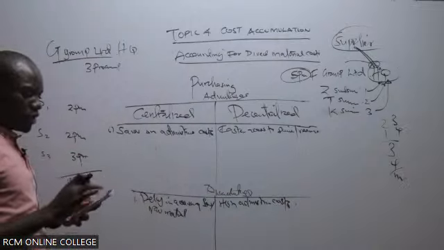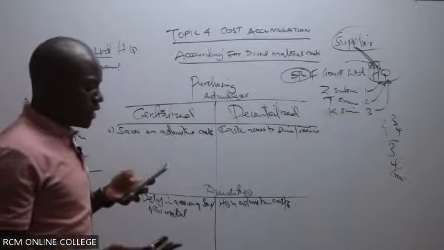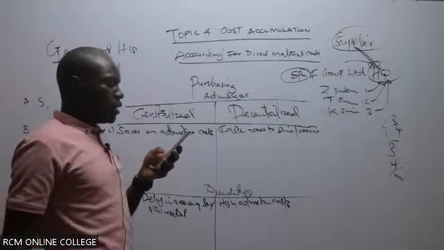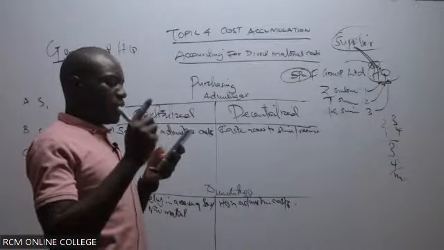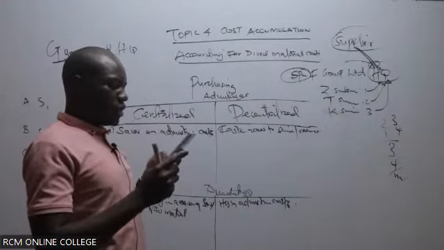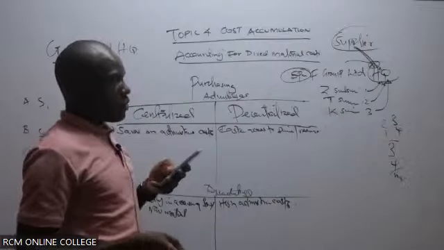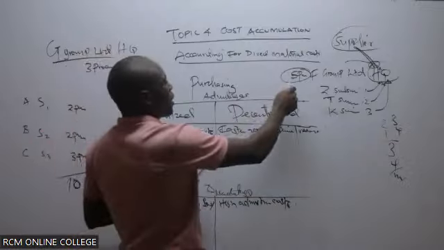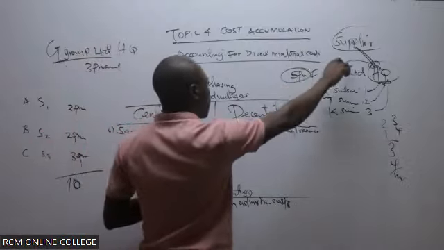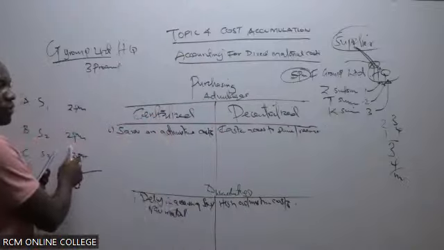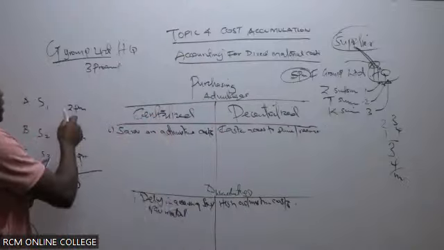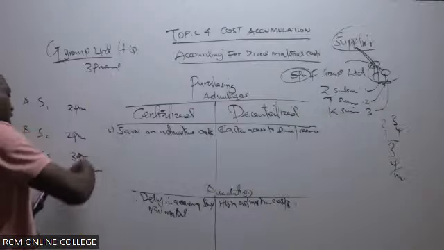So let's look at what is written down here. Advantages of centralized. 1, specialized and expert purchasing staff can concentrate on one department. We've seen they have 5 who are highly skilled and they only concentrate on that. But here, let's say we cannot maintain all these 10 people.